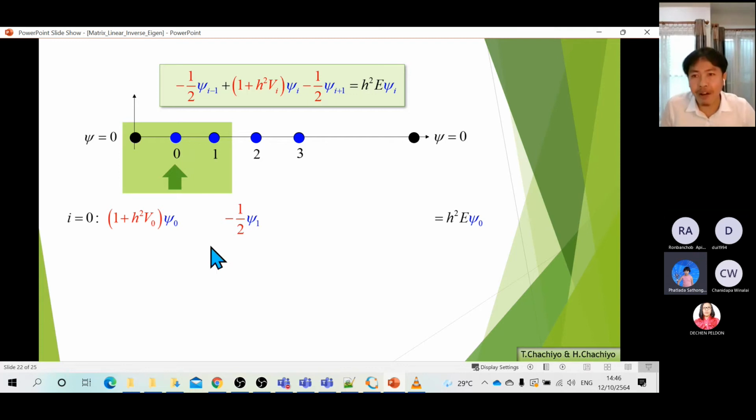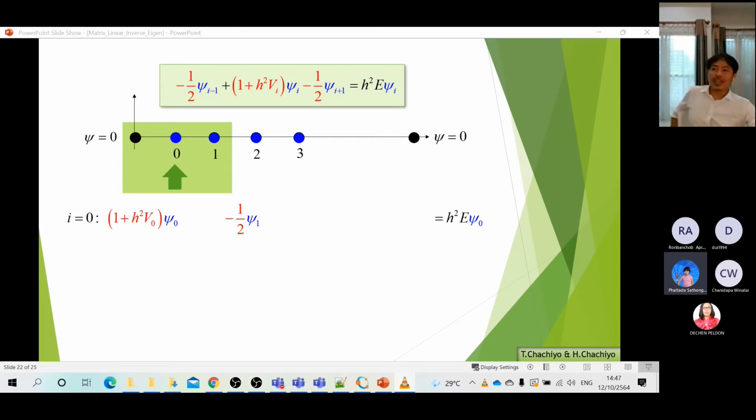So why don't we have the point on the left? Because the wave function equals 0 at the boundary. Very good. Let me give you an applause there, and also the bell.